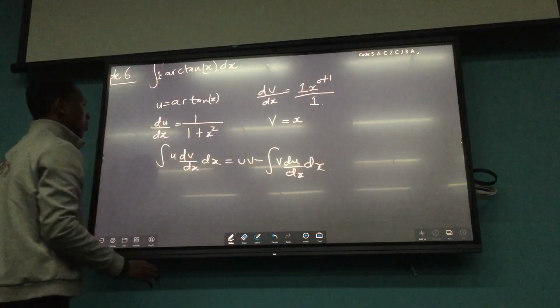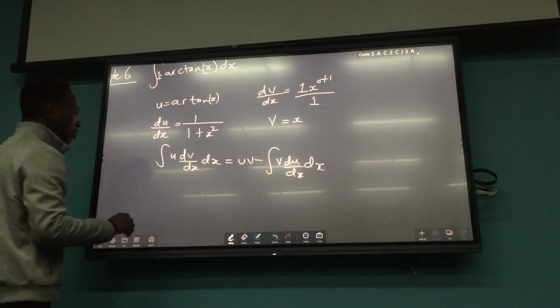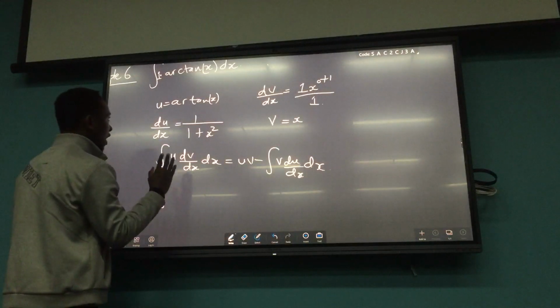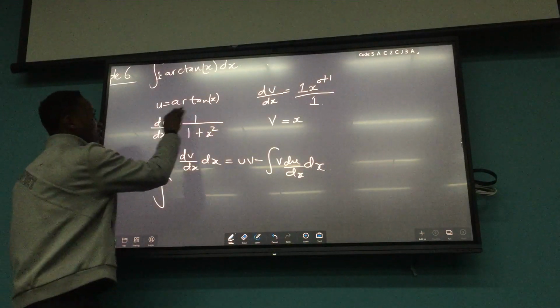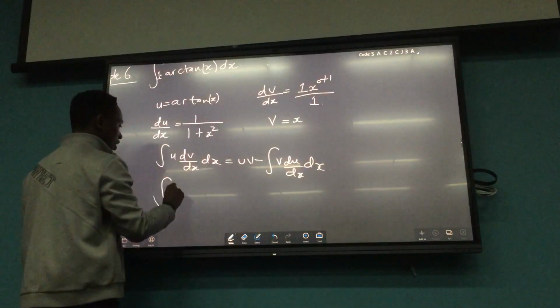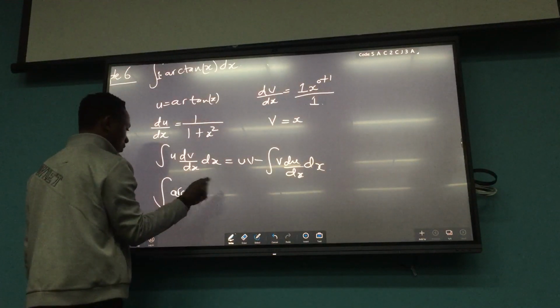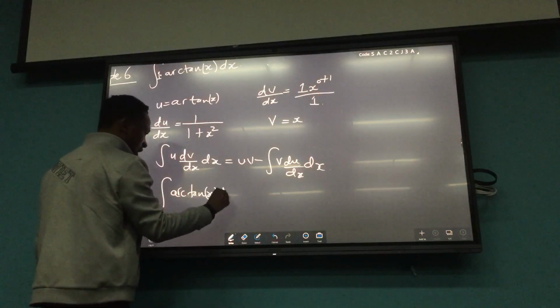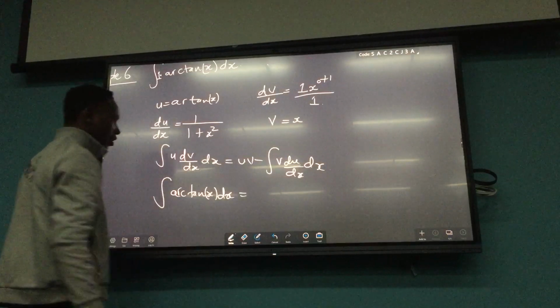Then we're going to plug in the terms that we got. We said our question is in the form u dv dx, and we can see that because that one there is 1, and this one here is u, so it's just arctan of x multiplied by 1, which is just arctan of x, exactly the same as our question.